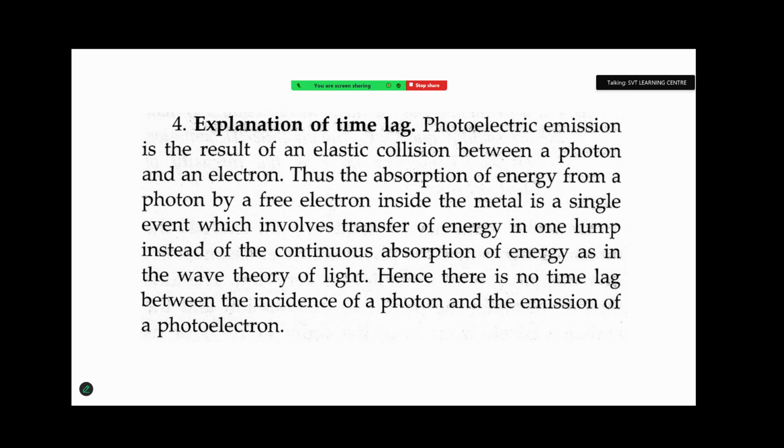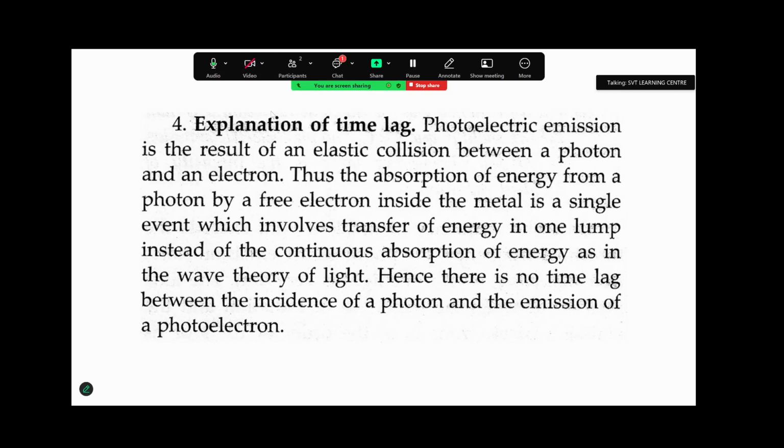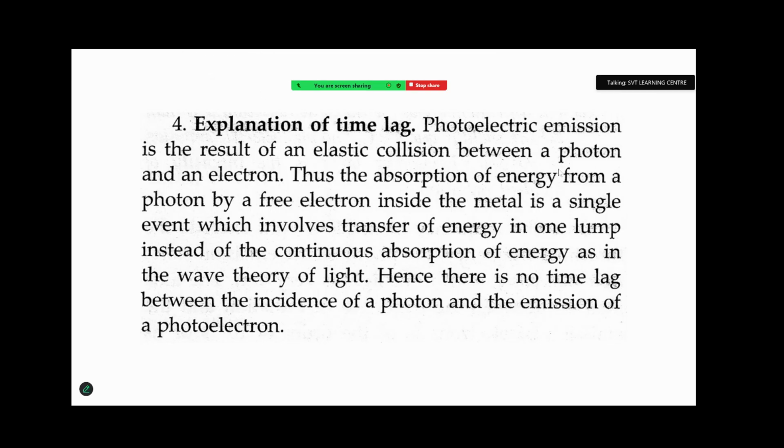Now the most important issue is the time lag. Photoelectric emission is the result of an elastic collision between photon and electron. This will explain everything. Thus the absorption of energy from a photon by a free electron inside the metal is a single event.